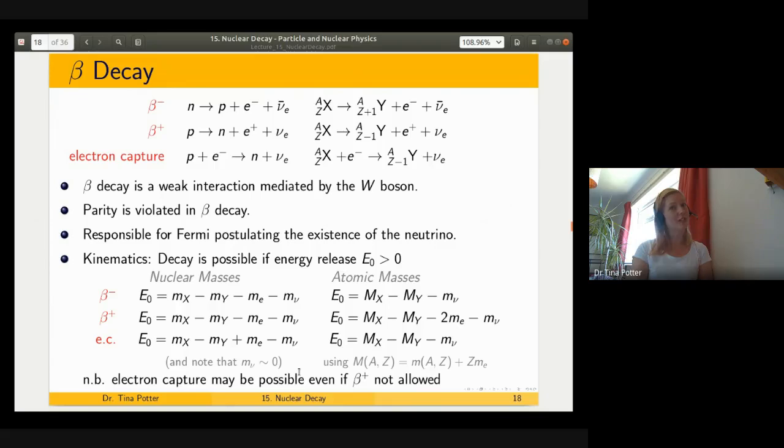Now this is quite interesting because we can change a proton into a neutron via electron capture, but maybe not via beta plus decay. If you look at the energy released, either for the atomic or the nuclear masses, it's greater for electron capture. So sometimes electron capture is possible, but beta plus decay is not.